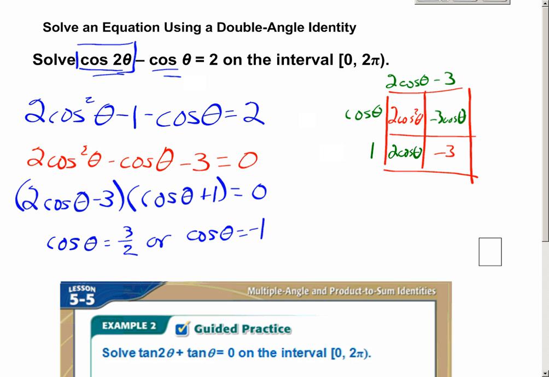Well, we should notice right away that cosine of theta cannot equal 3/2 since cosine oscillates between -1 and 1. So cosine theta equals -1, and that occurs when theta is pi. So our answer, theta equals pi.